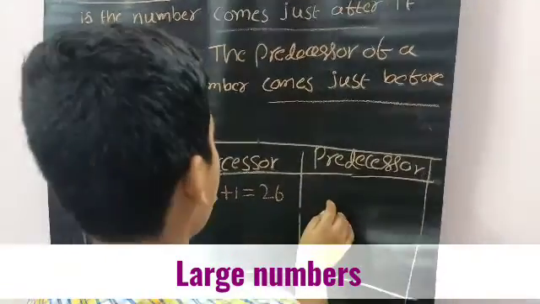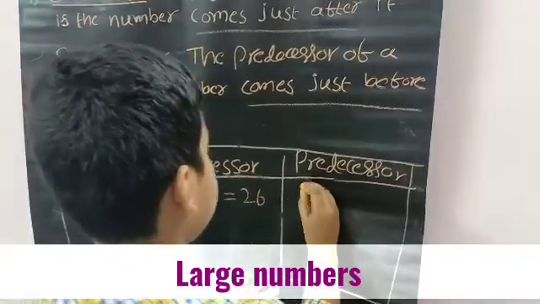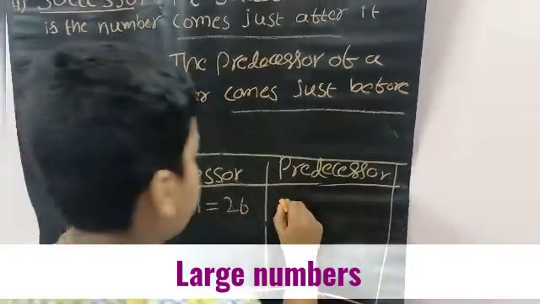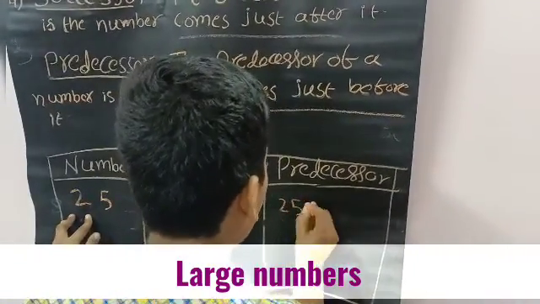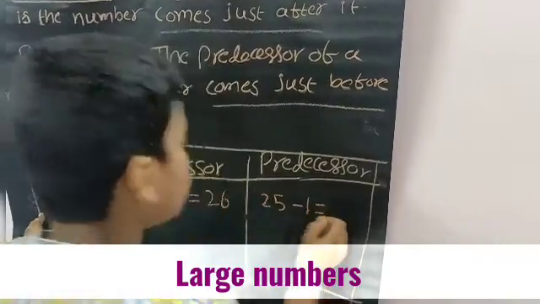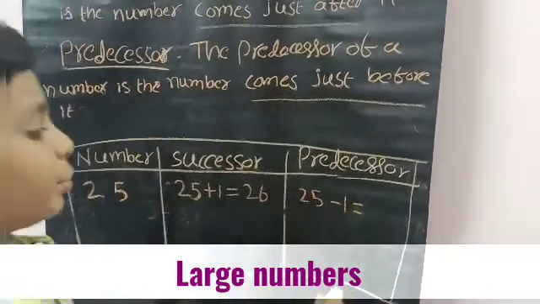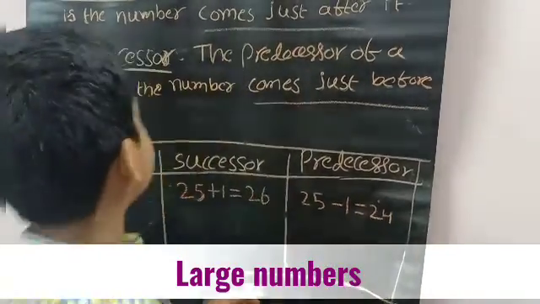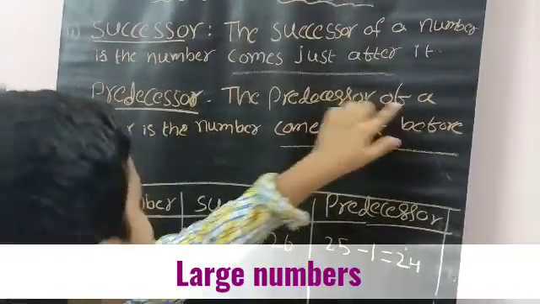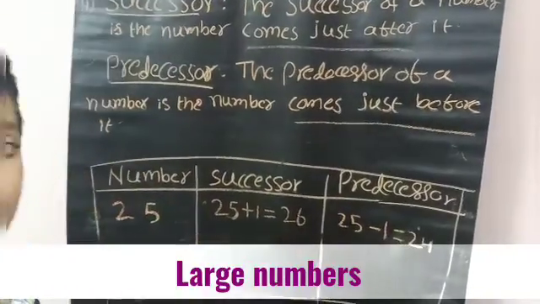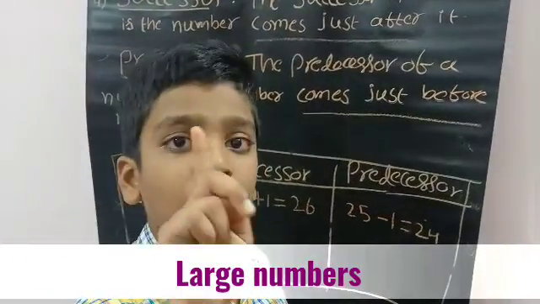Okay, next. How will we write the predecessor? It's very easy. The number is 25. Write 25 minus 1. 25 minus 1 is equal to 24. Means see, the predecessor of a number is the number that comes just before it. Before it means we should subtract 1.